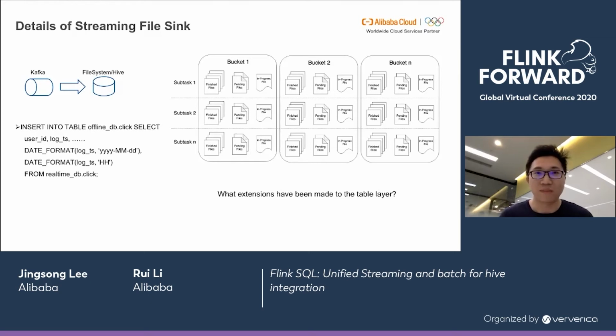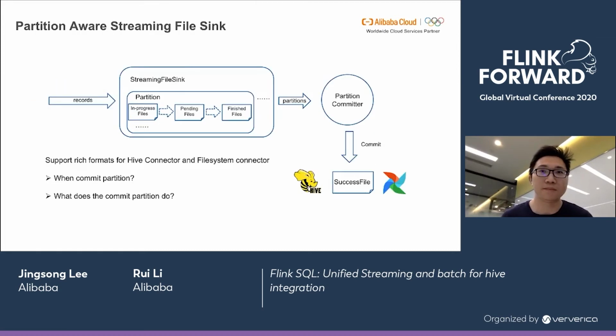But besides files, a Hive table actually has partition management. What extensions have been made at the table layer? In the table layer, there's a partition-aware streaming file sync. Besides, the table supports rich formats for the Hive connector and file system connector.